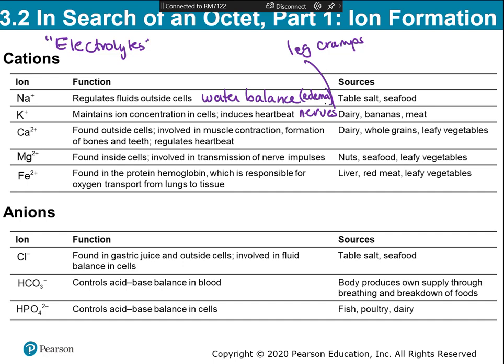Magnesium's another one, though, that sometimes is a culprit with this. Magnesium's another one that is typically found more inside of your cells than out, like potassium. But it also triggers nerve impulses. So if your magnesium or potassium get low, both of those can be side effects or causes of leg cramps.